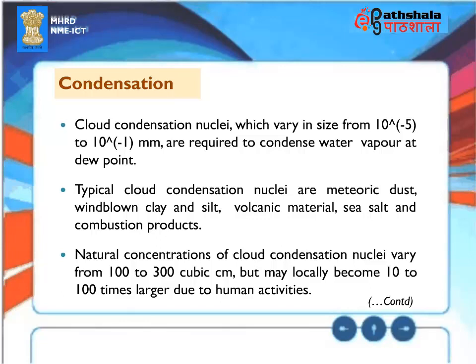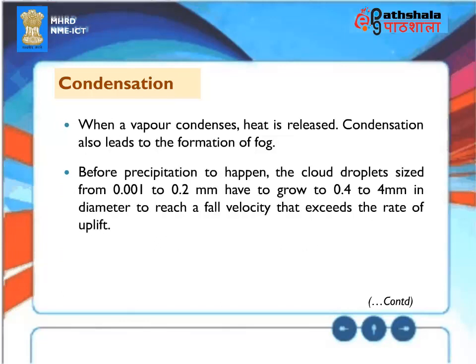Natural concentrations of cloud condensation nuclei vary from 100 to 300 per cubic centimeter, but may locally become 10 to 100 times larger due to human activities. When a vapor condenses, heat is released. Condensation also leads to the formation of fog.